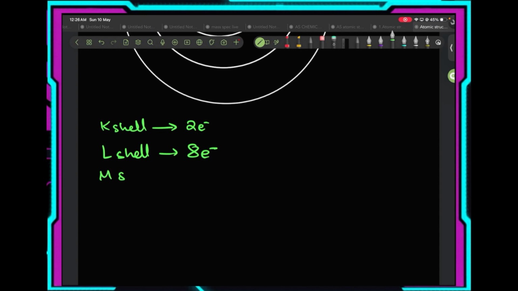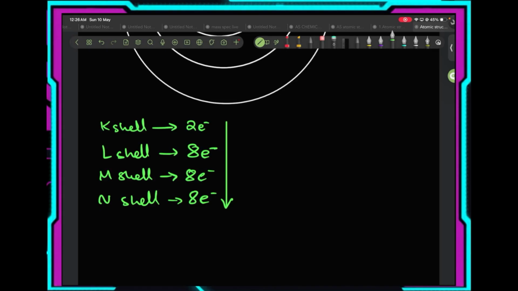So the M shell, the third shell, would have 8 electrons, and the N shell would also have 8 electrons. This was O levels, right? So as you move away from the nucleus to the further shells, you'll have to fit in 2 electrons in the first shell and then 8 electrons in the consecutive shells that come after that.